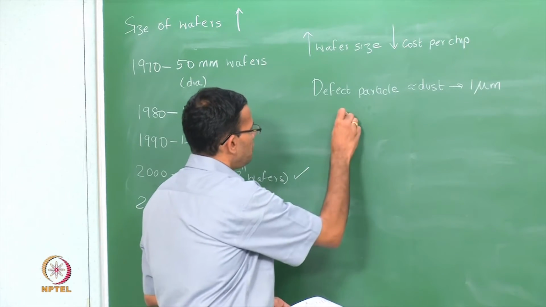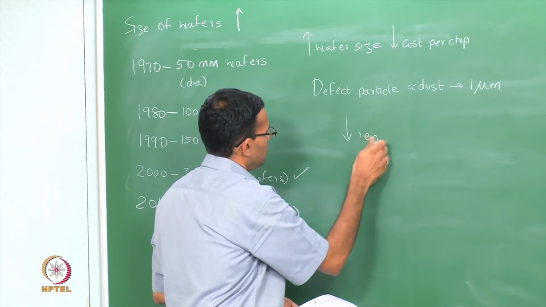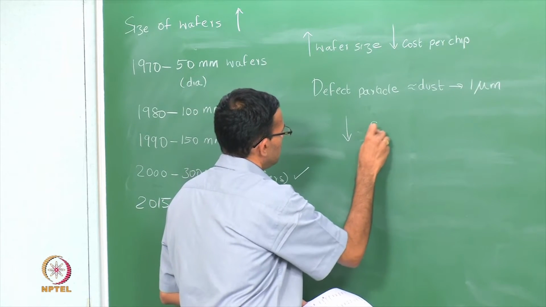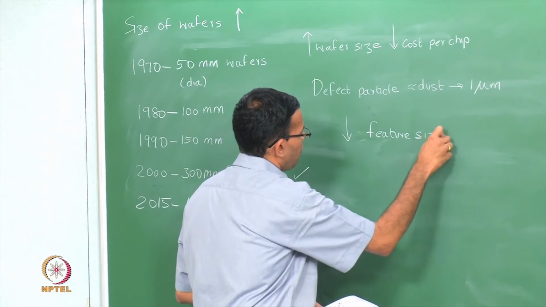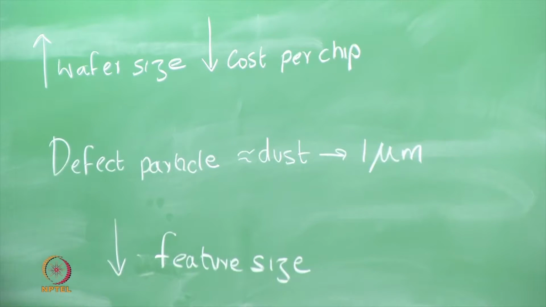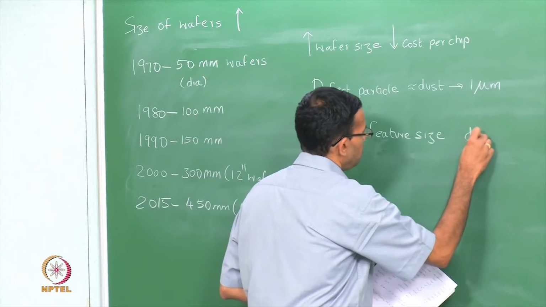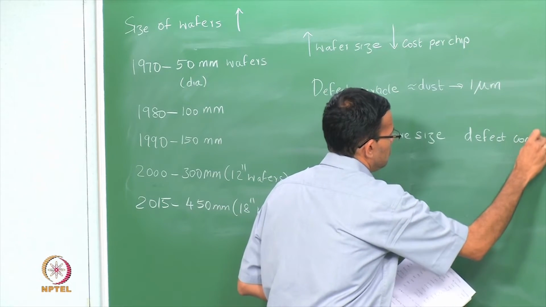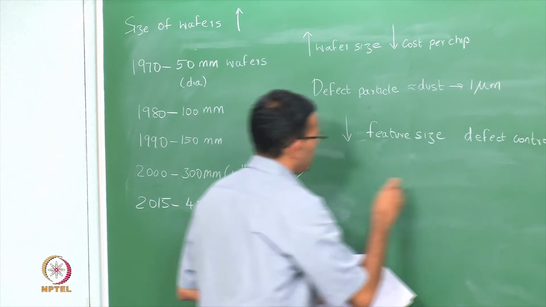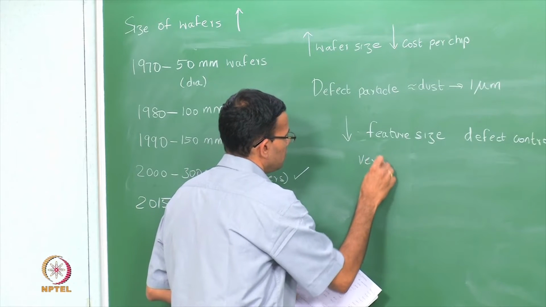But with reducing feature size, if your feature size is of the order of nanometers, a 1 micrometer particle can essentially destroy the device. So with reducing feature size, defect control is very critical or becomes very important.